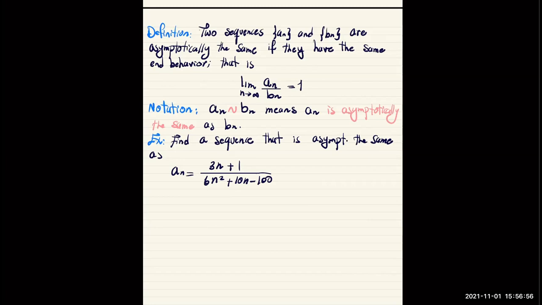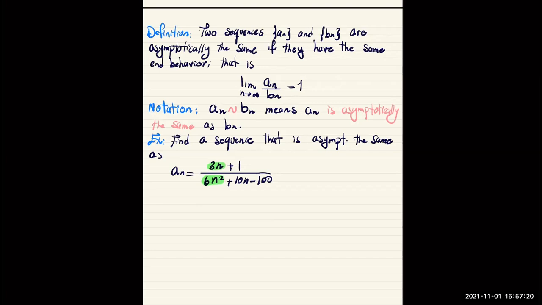All you have to do is take the dominant term on top and the dominant term in the bottom. That's it. Okay, so see what dominates on the top. The term with the highest degree, or the highest exponent, on top will dominate. That would be 3n. In the denominator, 6n squared dominates as n grows.